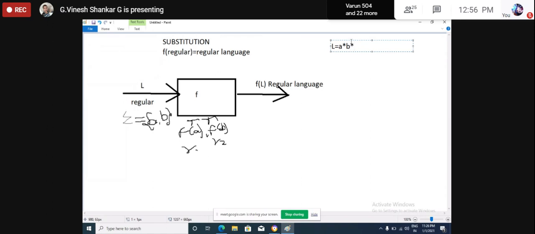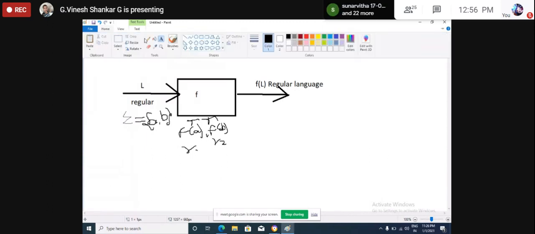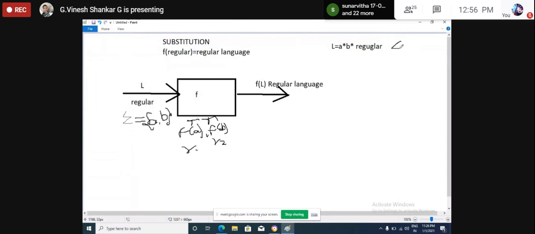They are regular over what? Regular over sigma is equal to {a, b}.